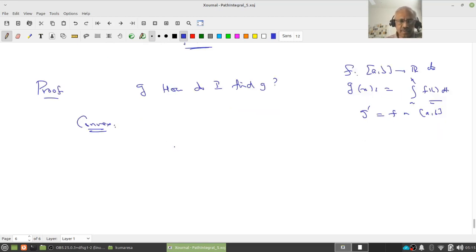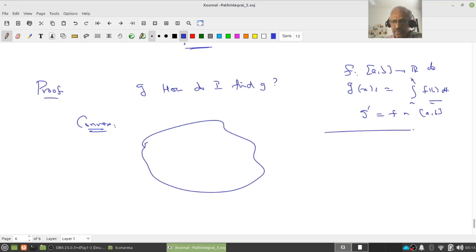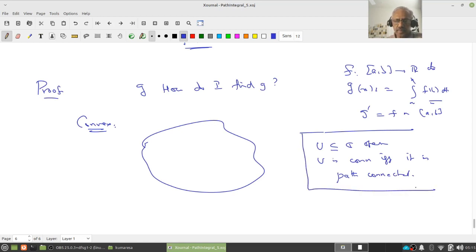Given an open set U, something I have to say is that U is connected if and only if it is path connected. If you don't like it, assume U is convex.